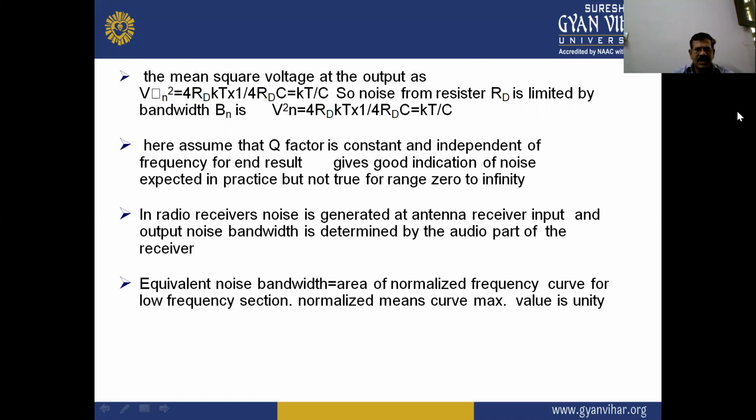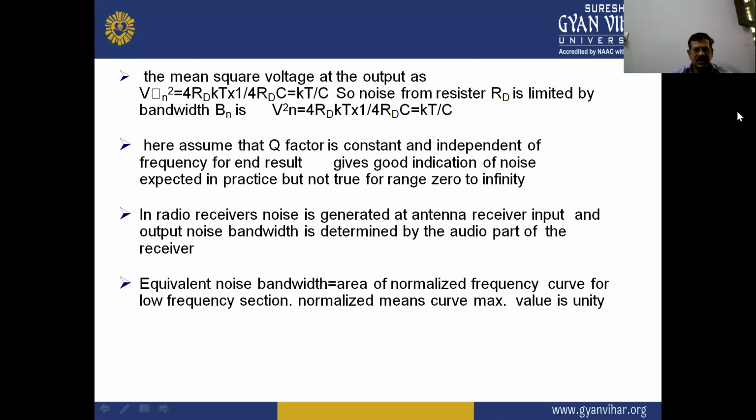Now here we assume that the Q factor is constant and independent of frequency. The end result gives a good indication of the noise expected in practice, but it is not true for the range 0 to infinity.